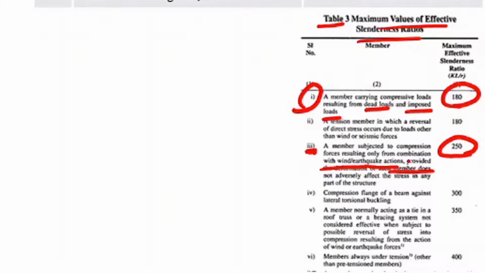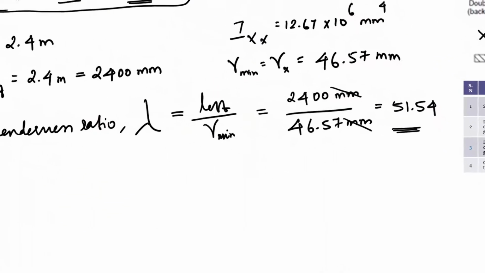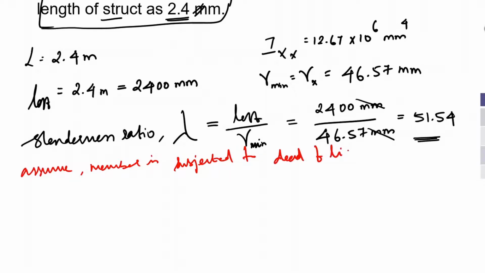But in our numerical, they have not given whether our member is subjected to dead load and live load alone, or even subjected to earthquake. It is not clear in our numerical. So let's assume our member is subjected to dead and live load.